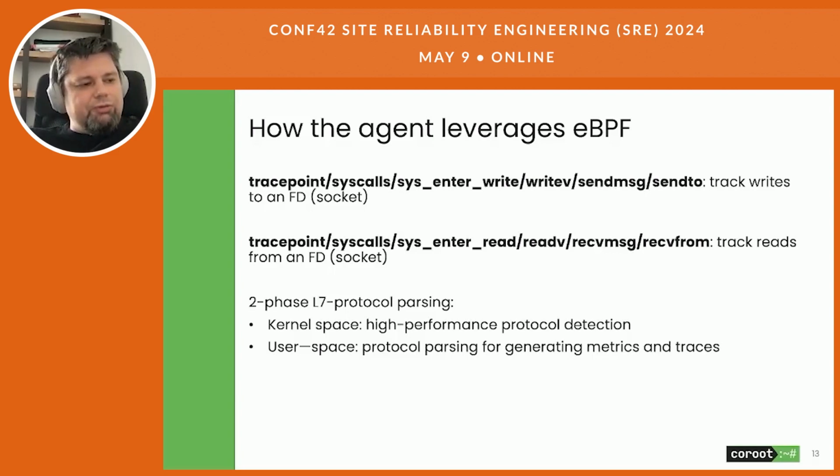We have two-phase application level protocol parsing. The first one is performed in the kernel space for high performance protocol detection, but an eBPF program is super limited in its ability to analyze something because of complexity.